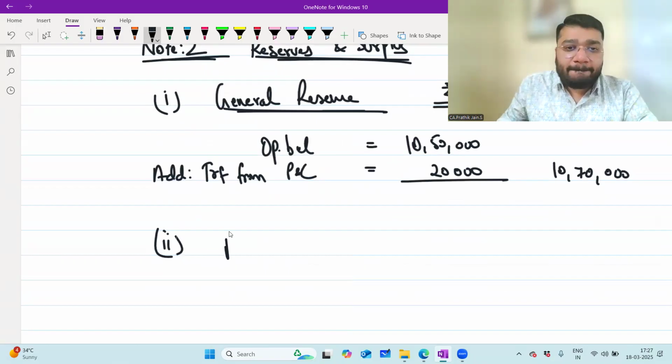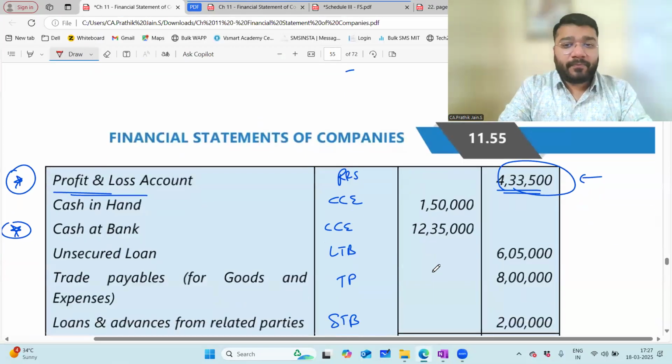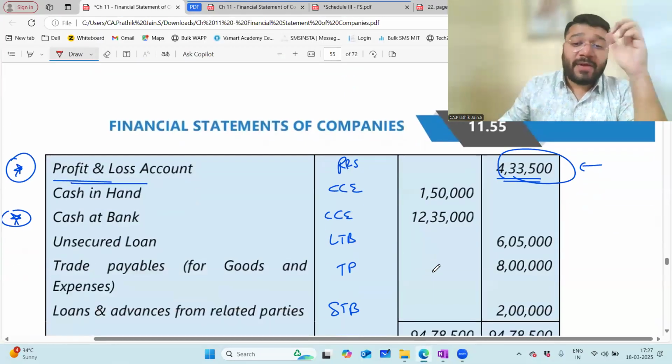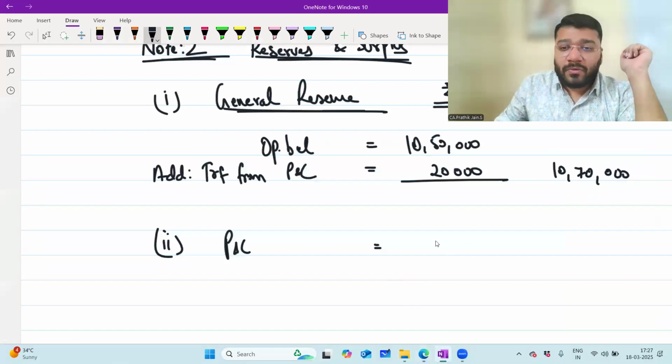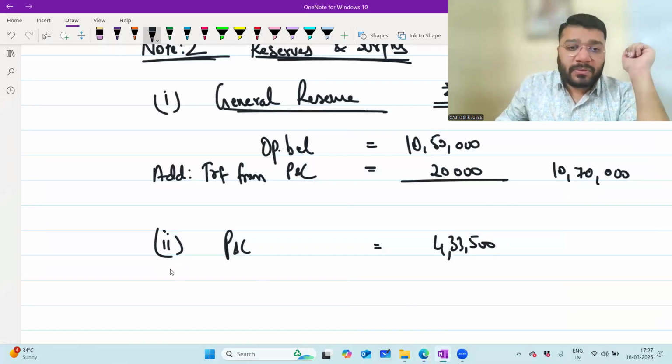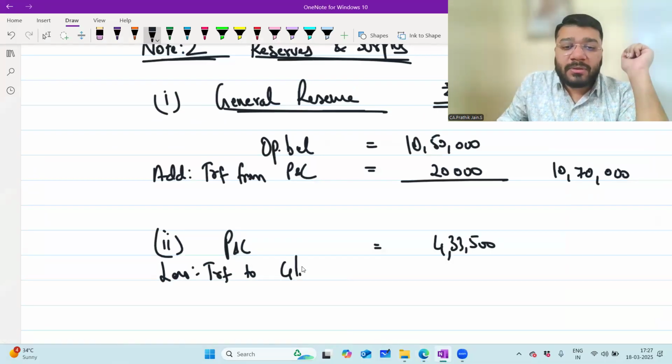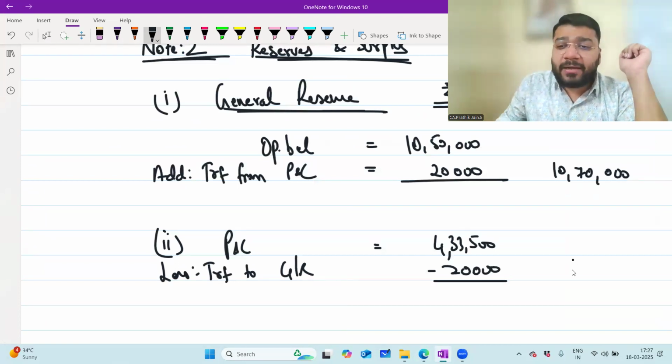Second is P and L. In the inner column, how much? 4,33,500. Less transfer to general reserve, minus 20,000. So I'll get 4,13,500.